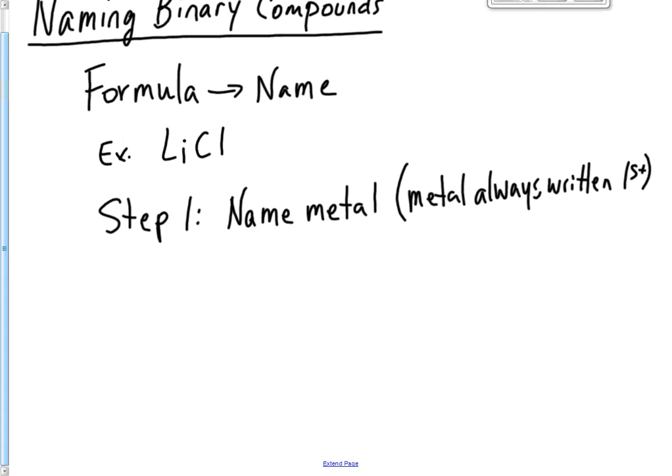So it's pretty simple. You're going to name the first element. First element right there is Li. You look on the periodic table. If you haven't figured out what Li is through common usage yet, Li is lithium. So our example is LiCl. The first thing we have is lithium.